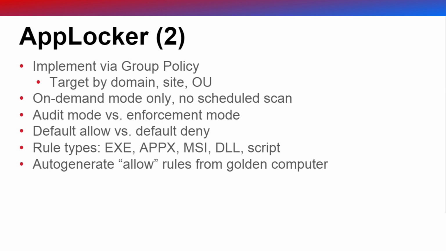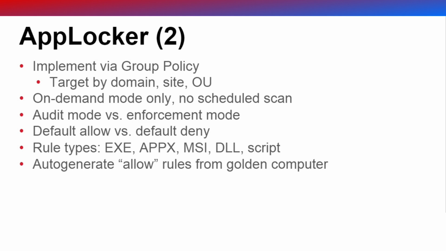So the rule types that we can create in AppLocker are EXE, APPX for Microsoft Store apps, MSI, DLL, scripts, and so forth. One of the things that's going to help you, if you want to set this up, is you can create a golden computer that has all the applications that you want to make allowed in your group policy AppLocker architecture.